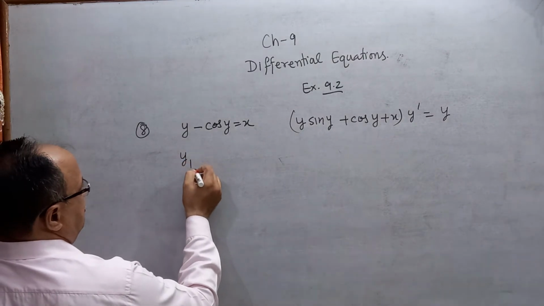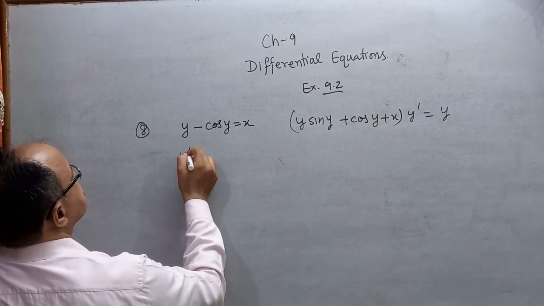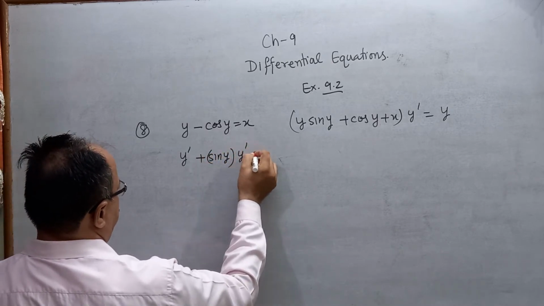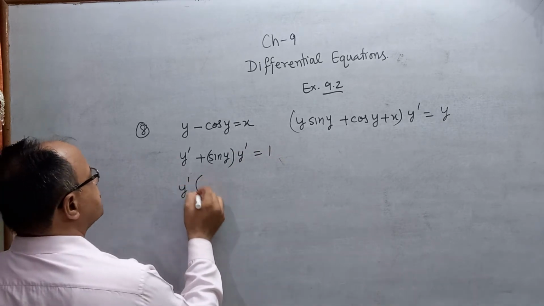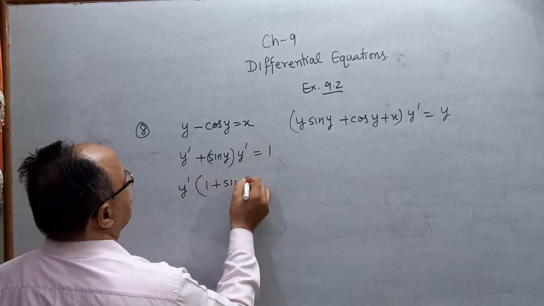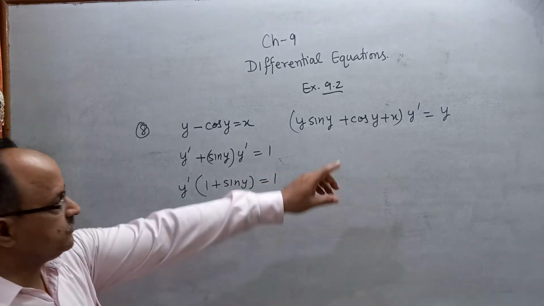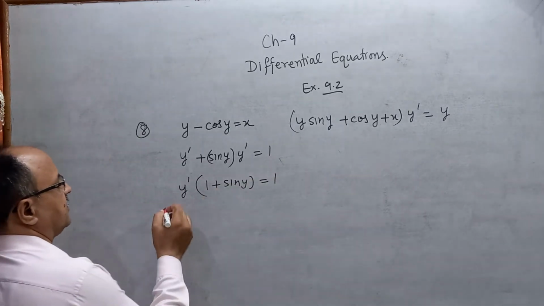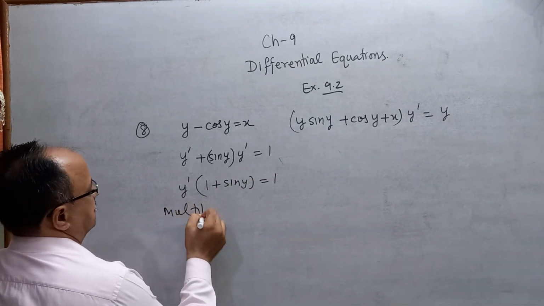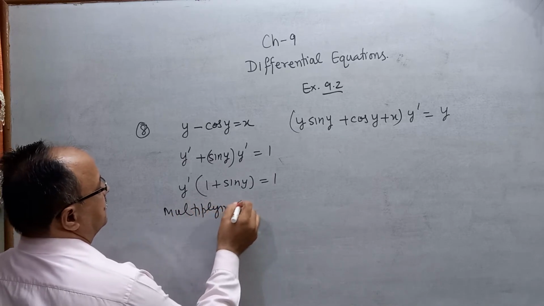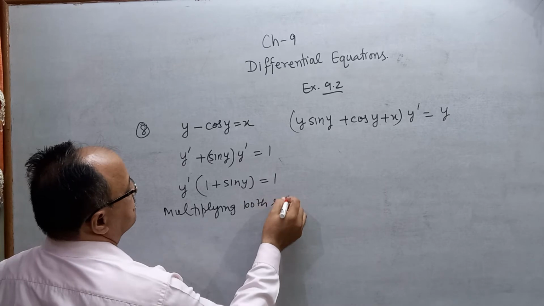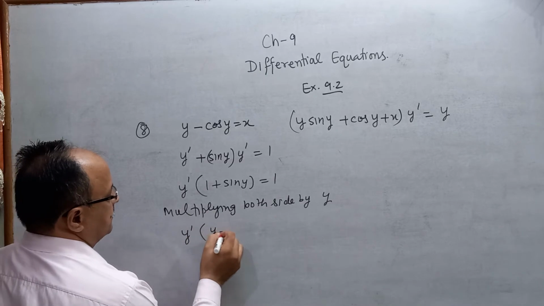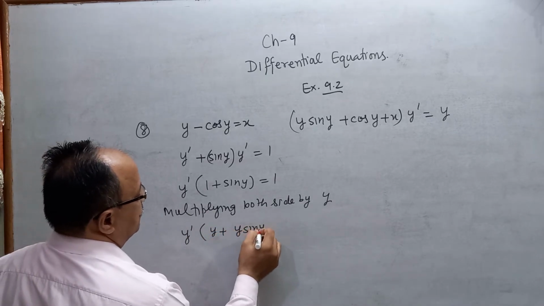Derivative: y dash plus sin y into y dash is equal to 1. Take y dash common, 1 plus sin y is equal to 1. Now according to the right hand side y, multiplying both sides by y, y dash y plus y sin y is equal to y.